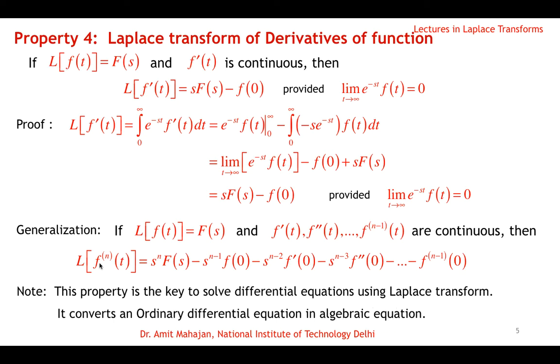So the derivatives in t are converted into polynomial terms as s^n into F(s). The differential equation will be converted into an algebraic equation by applying Laplace transform. So remember this result, Laplace of derivatives, and we will utilize it after maybe two lectures, once we do Laplace of differential equations.